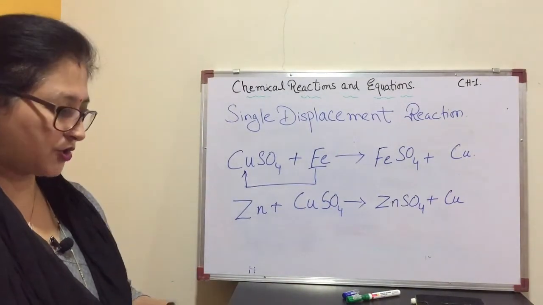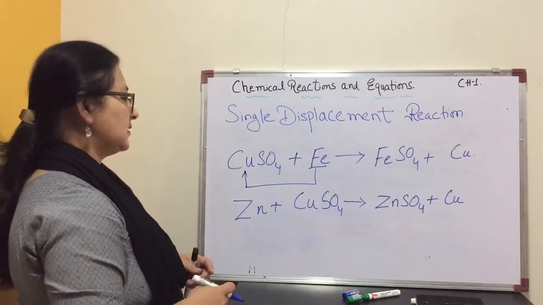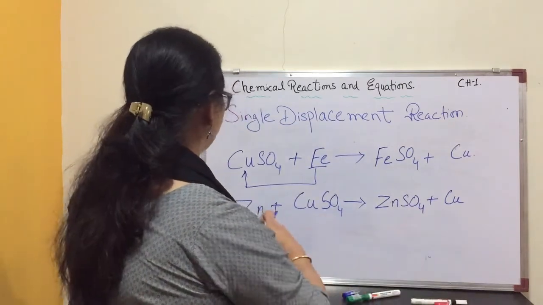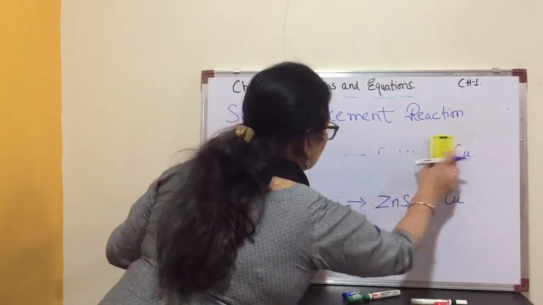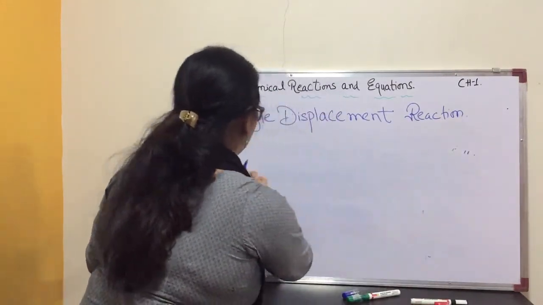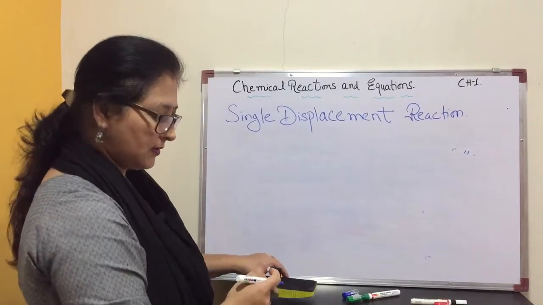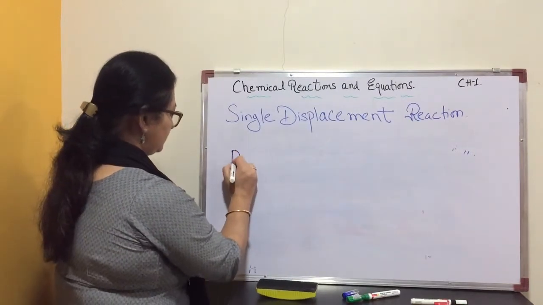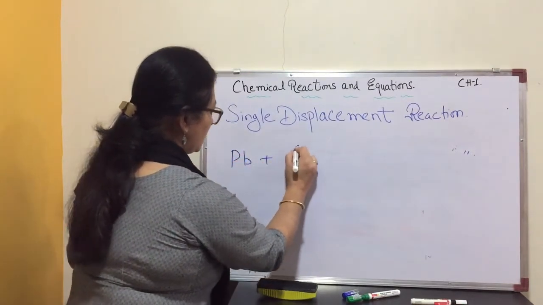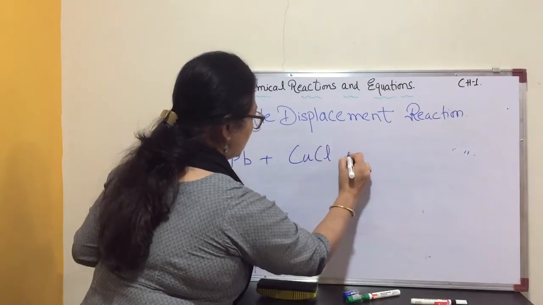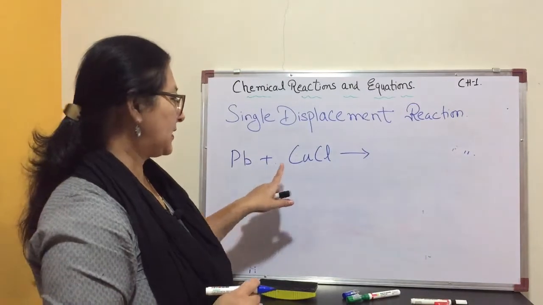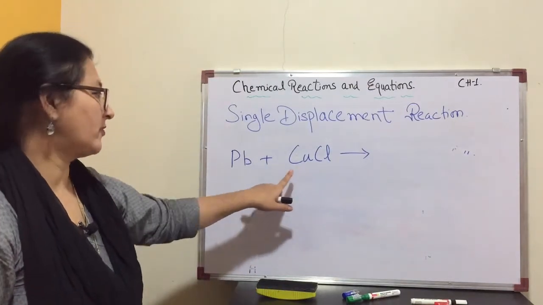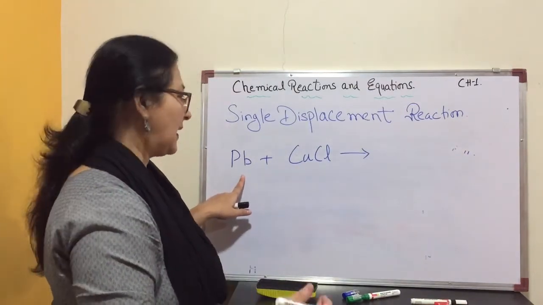Okay, the next reaction in the book is lead plus copper chloride. In this case, lead is more reactive than copper, so copper will be replaced by lead.